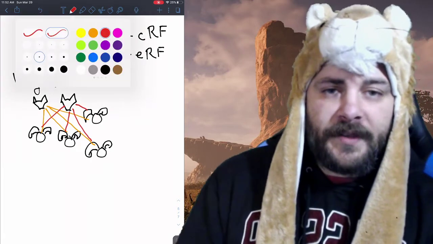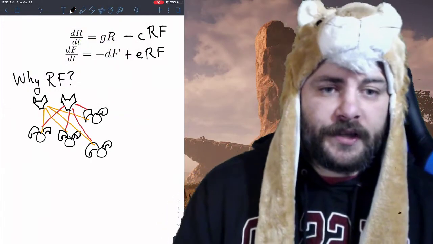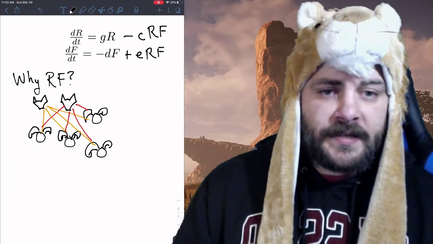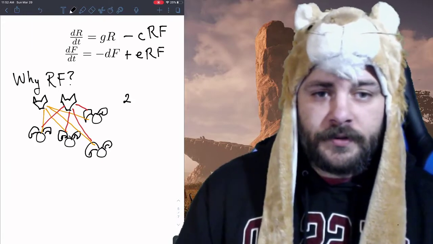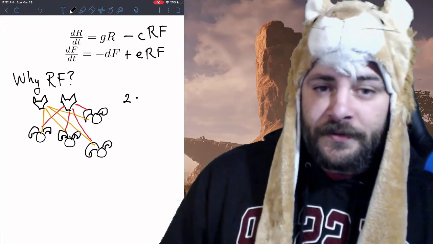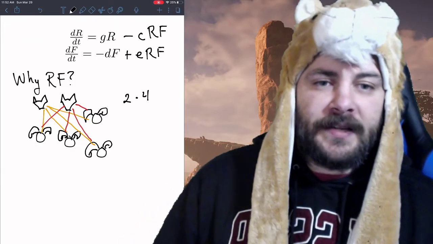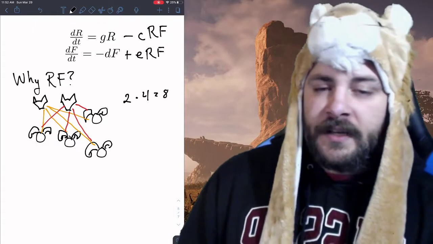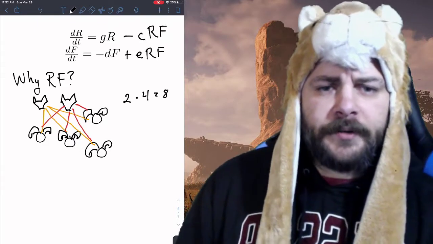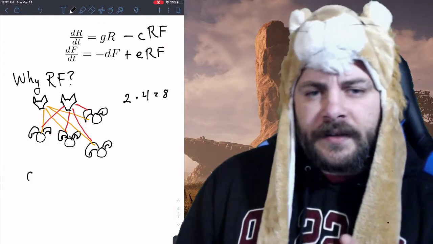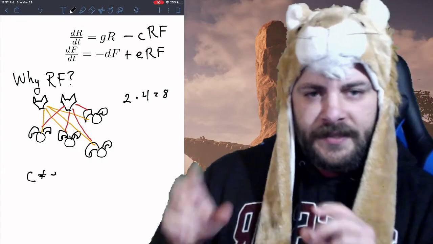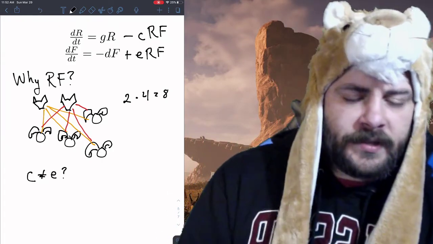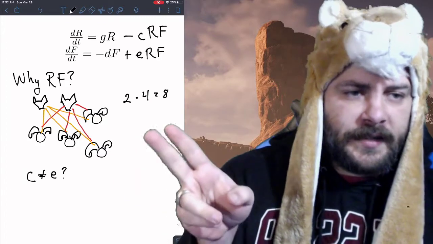So if we want to count up the number of possible interactions that could occur, we take the number of interactors, let's say the foxes, and the number of interactees, the rabbits, and multiply them together. And so we could have a total of 8 interactions here. Now, I understand there's some double counting and things of that nature. That is some of the imprecision when we atomize this, when we say that R and F are actual counts. But that's okay. This will suffice for now.